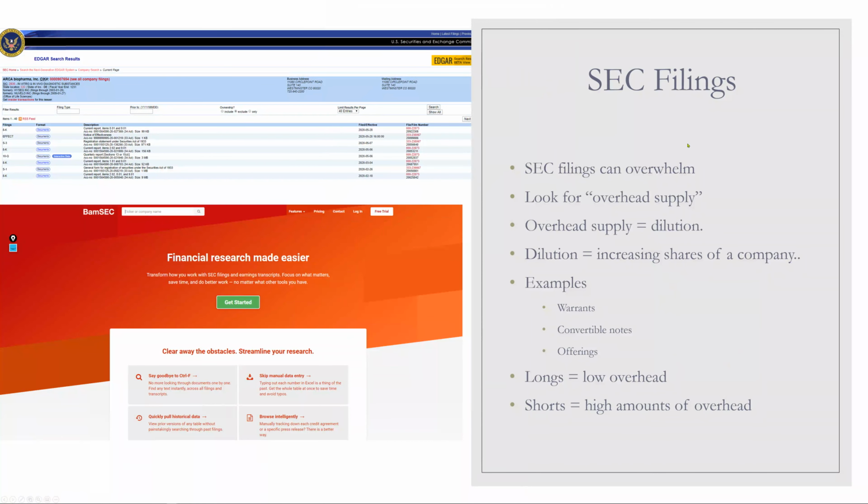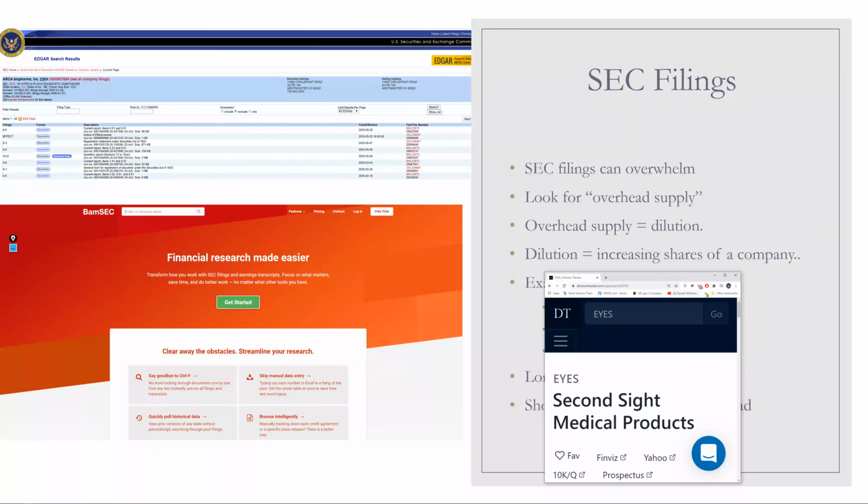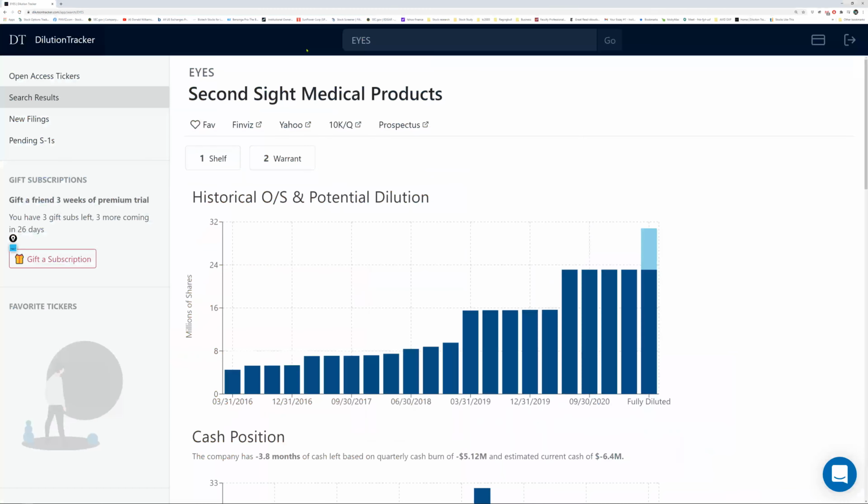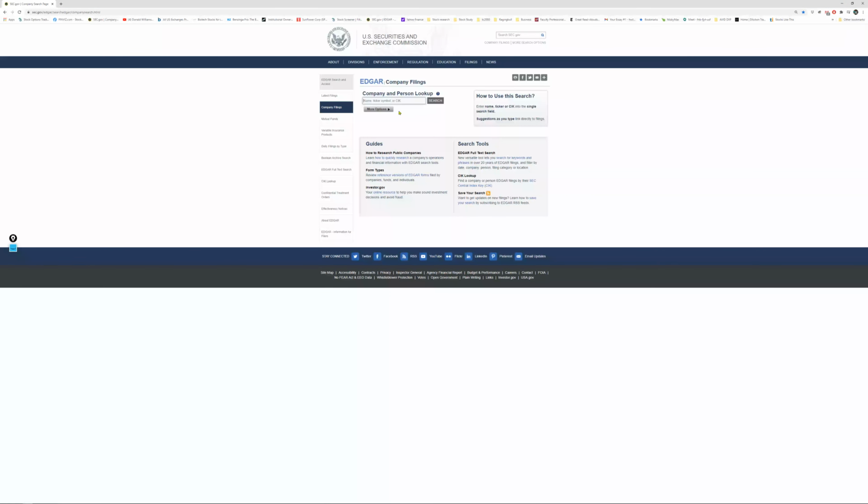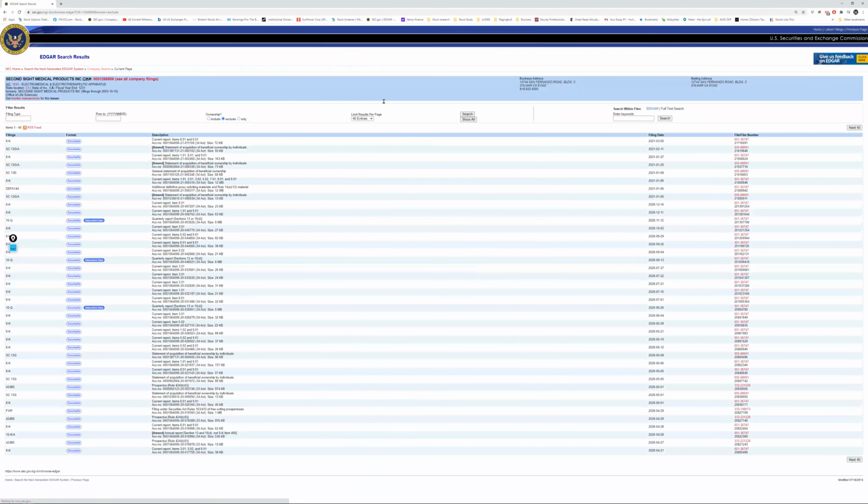You find SEC filings, for those of you watching the video, at Edgar, right? You should have a bookmark. It's sec.gov. You come in here and you can look up any ticker, right? You click on company filings right here and put in your ticker, and it's going to bring up all of their filings, right? So this is the official place.